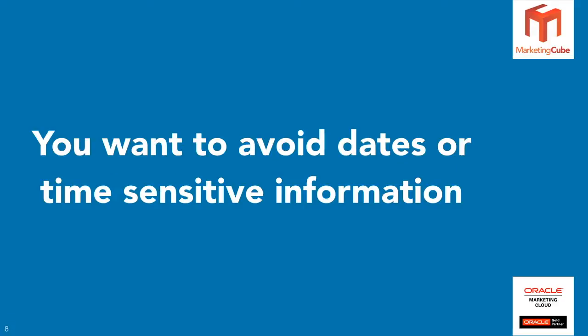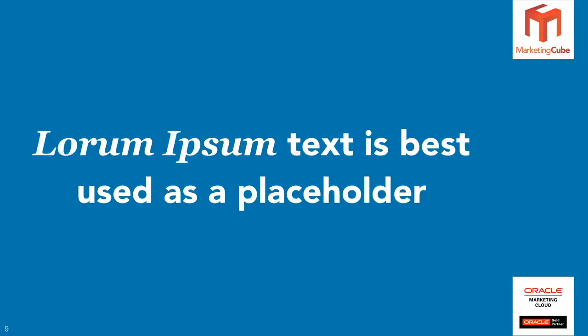First, you certainly want to avoid date and time-sensitive information. By this, I mean using lorem ipsum text is probably the smartest thing to do. If you've got copy involved in the template, don't just use a message and then recycle and recycle, because eventually it'll become irrelevant. So using some lorem ipsum placeholder text is probably the smartest way to do that.